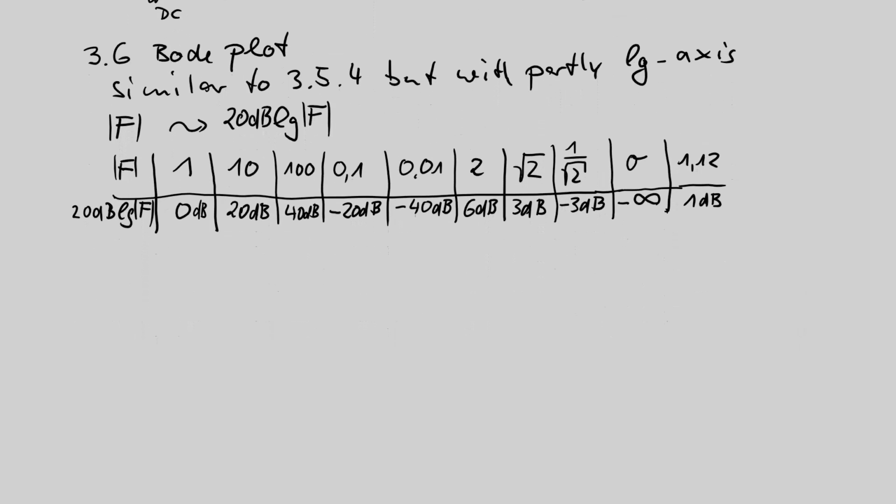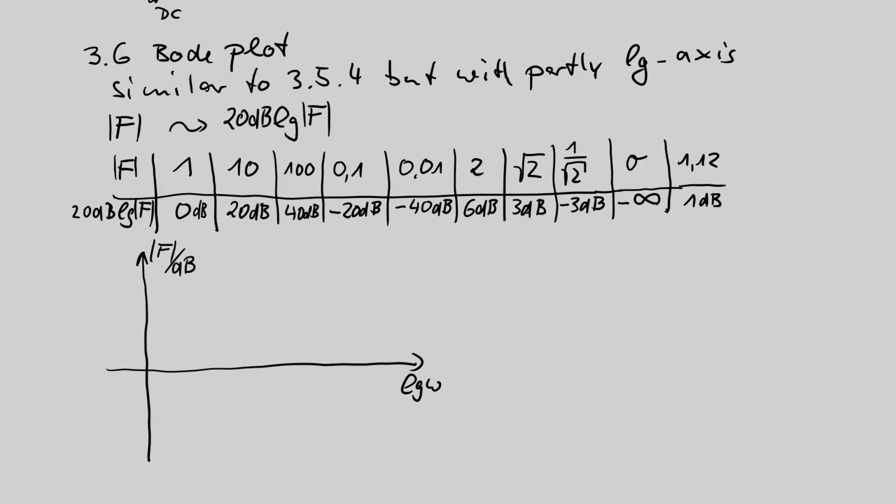The question is now, what is a display? How can we draw a Bode plot? We have a vertical axis. F will be displayed in dB, and the omega value also will be displayed in a logarithmic case, log omega.